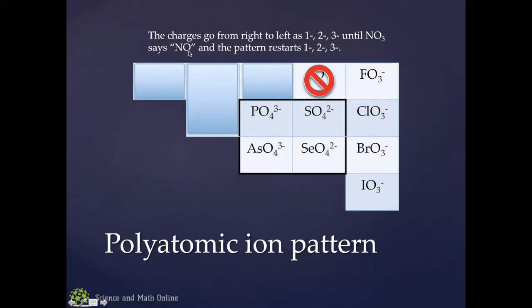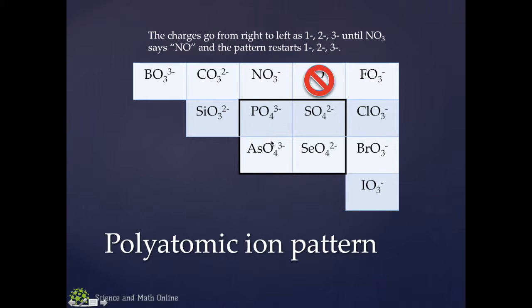NO3 says no, and it wants to start over again, so it wants to be 1 minus. And then you go 2, 3. So the pattern is 1 minus, 2 minus, 3 minus, start again here, 1 minus, 2 minus, 3 minus. A simple little pattern.